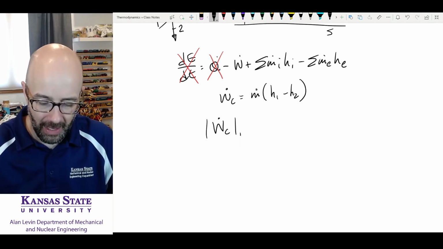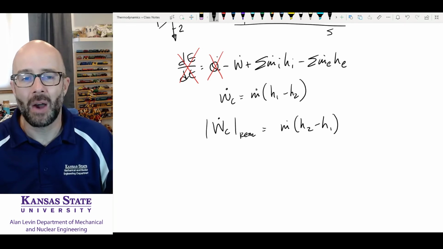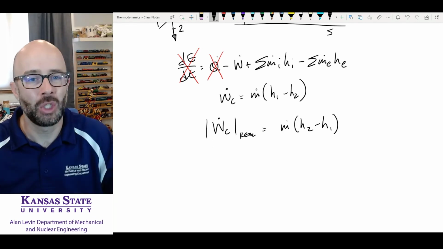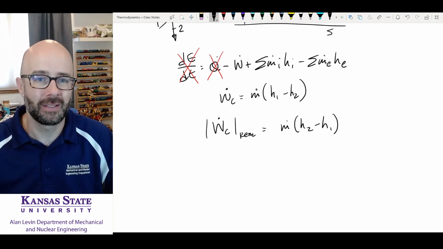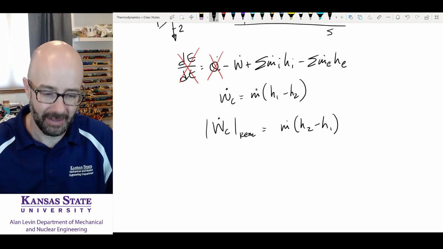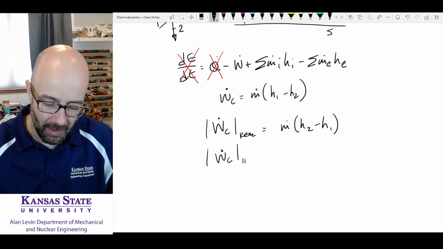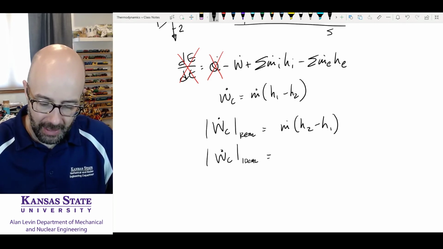So the real work is m dot times h2 minus h1. Whatever I calculate there is the magnitude of the compressor work, and I'll assume a negative sign in my head, since it's going into my system. And then the compressor, when it's ideal, is m dot times h2s minus h1.